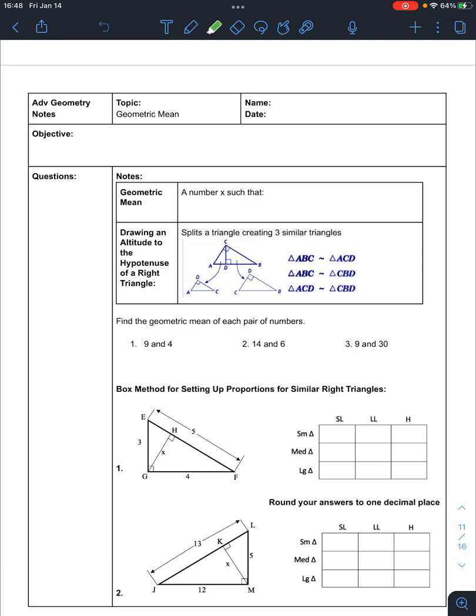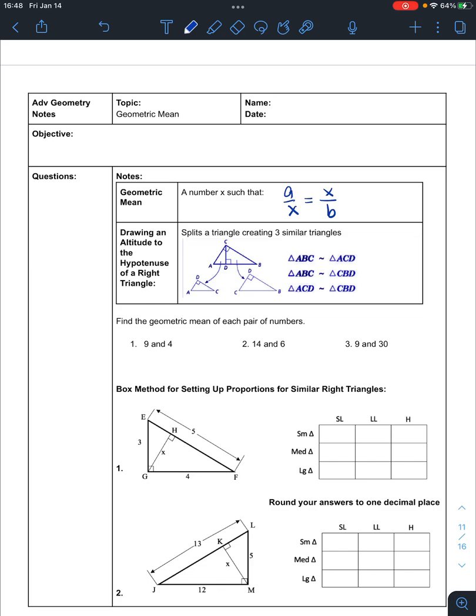So the arithmetic mean is that you add the two numbers together and divide by 2. The geometric mean is that you multiply them together and you take the square root. So it would look like this: A over X, so some number over the geometric mean is equal to the geometric mean over another number on either end.